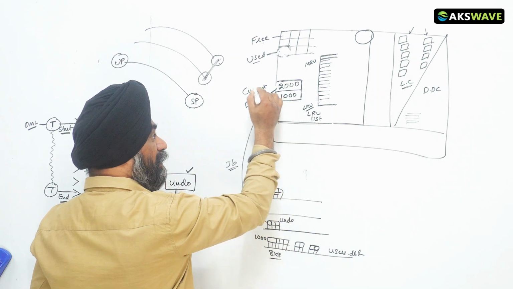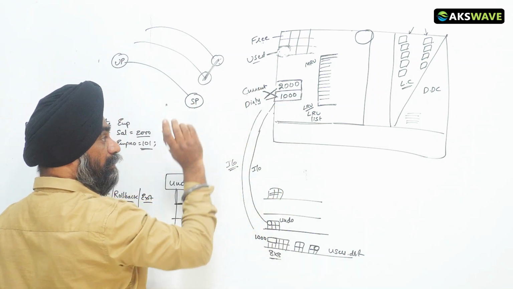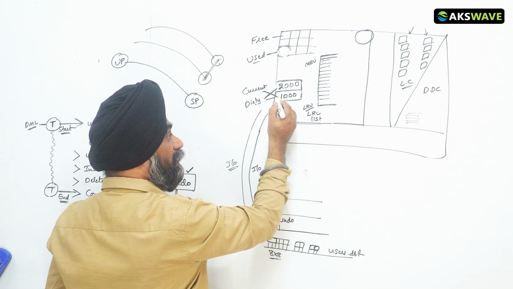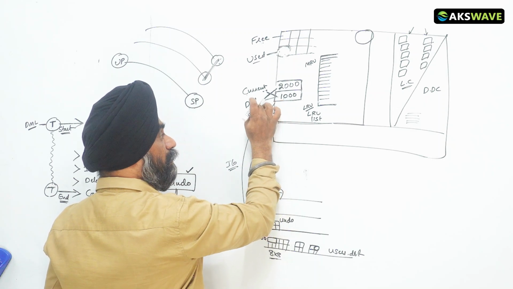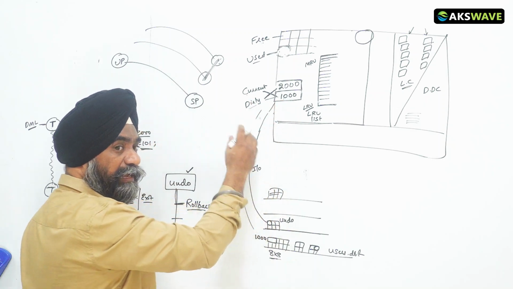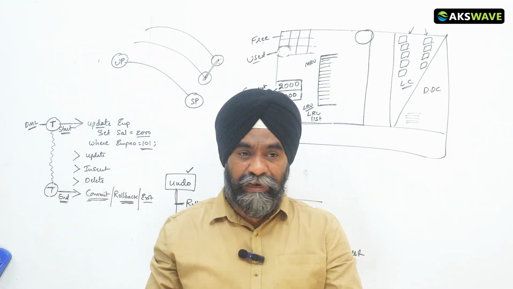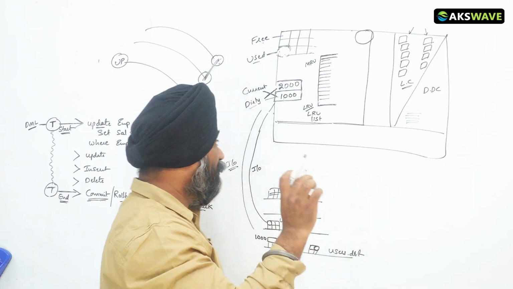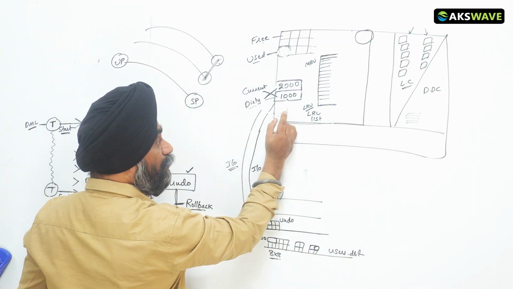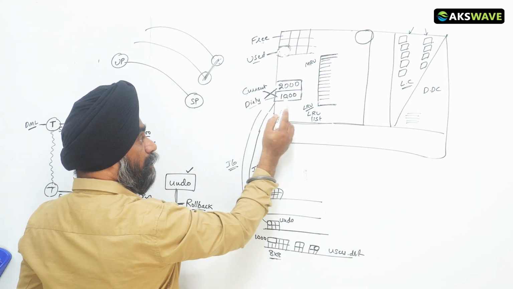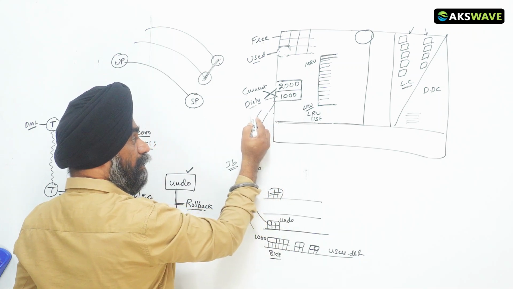The state of that buffer will be current. Once the modification is done, the state is changed to dirty. So it is like an in-memory modification. It could be done in a fraction of a second, millisecond, nanosecond kind of thing. But for the duration when I'm modifying, it is current. Once it is done, dirty.